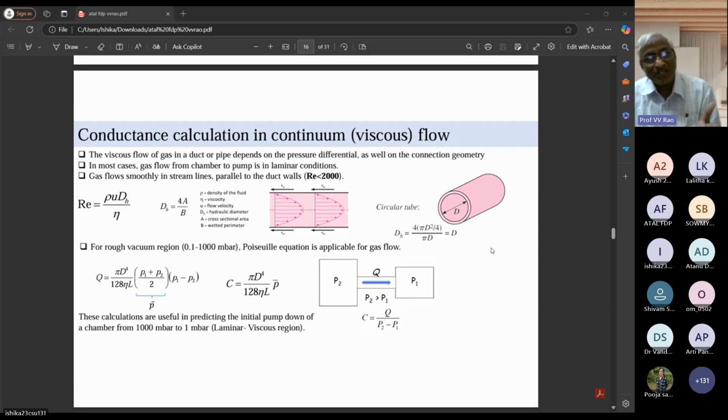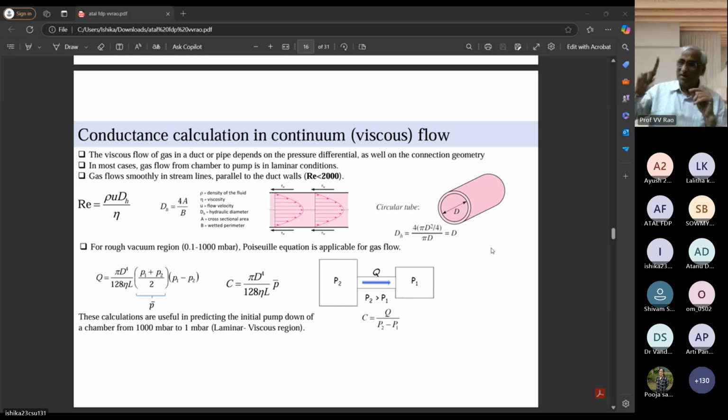The actual calculations can be done by Poiseuille's law because it is a pipe. The pressure is not very high, from atmosphere up to 10 bar. It is more or less like a laminar flow. Laminar flow and turbulent flow are both part of viscous flow only.